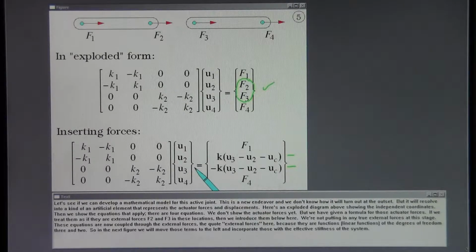These equations are now coupled through the quote external forces here, because they are linear functions of the degrees of freedom 3 and 2. So in the next figure, we will move those terms to the left and incorporate those with the effective stiffness of the system.